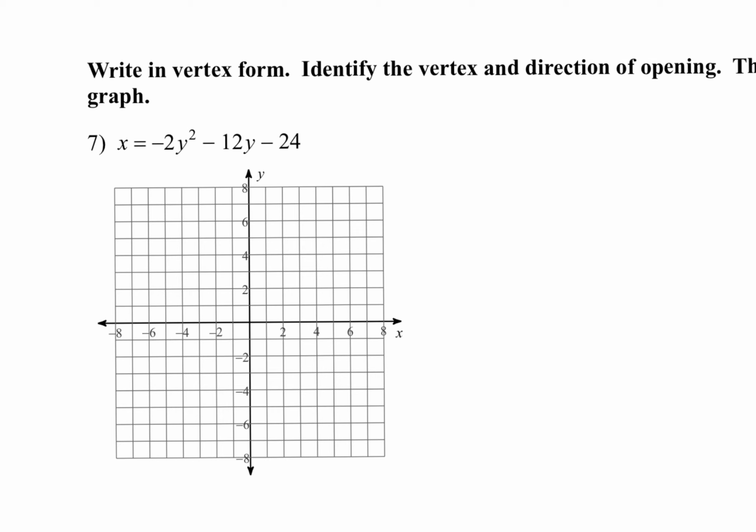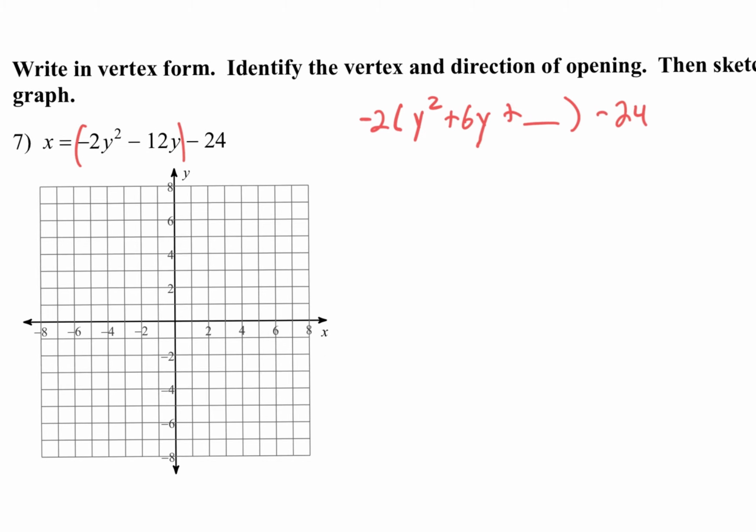I'm only looking for this slide, but I have no say. So factor out a -2. That gives me y squared plus 6y. Then we're going to bring our trailer along. What do I put in the box? 9. So what do I have to put with my trailer?